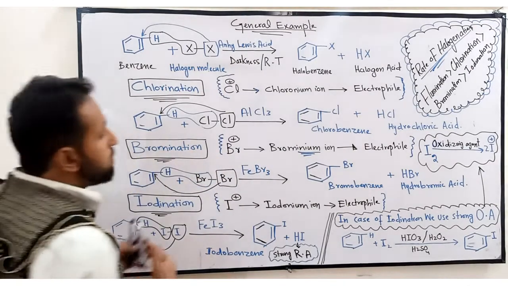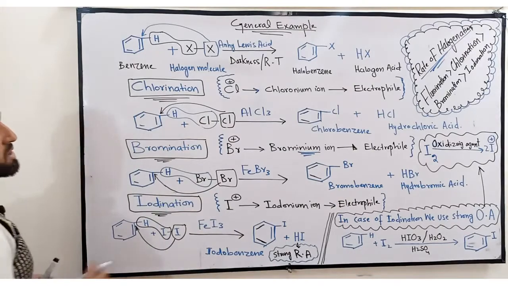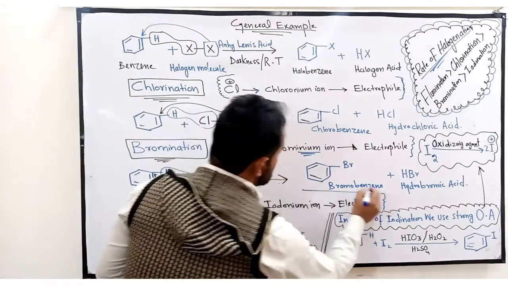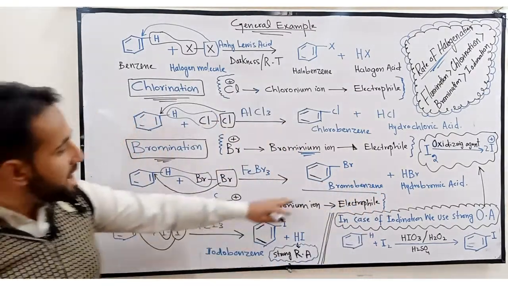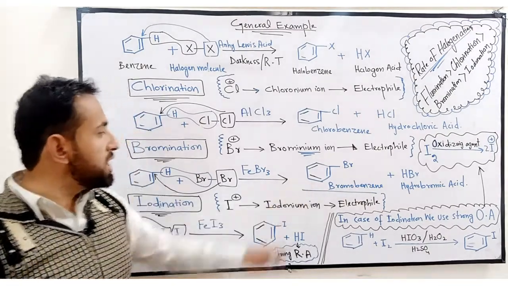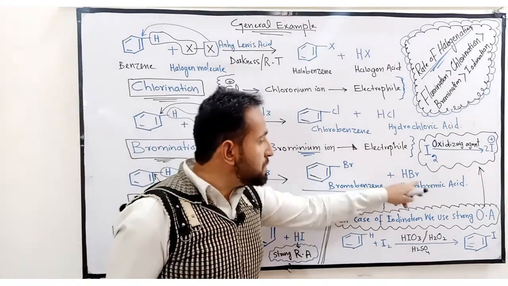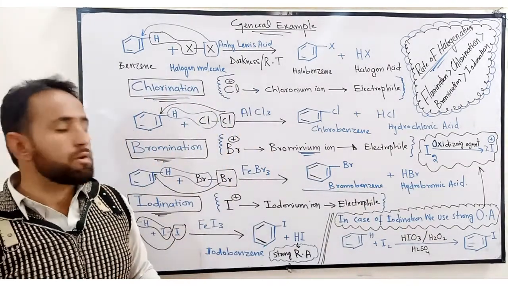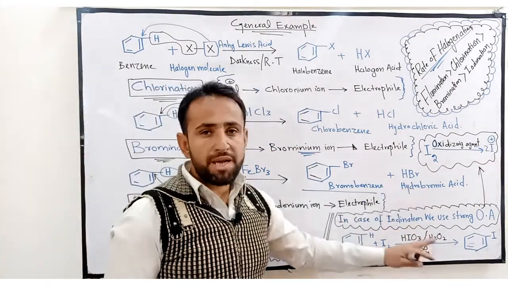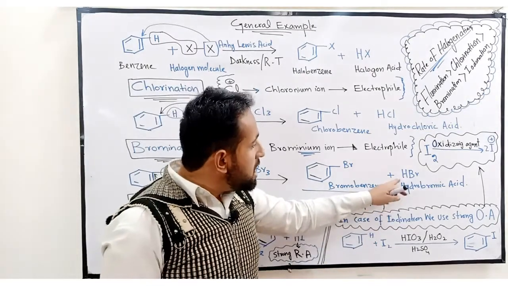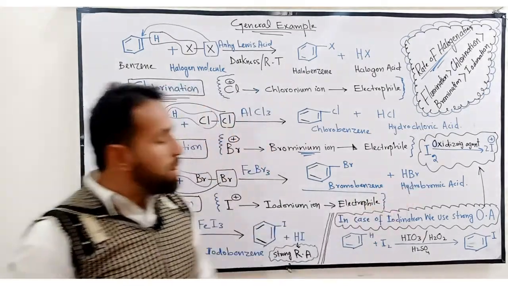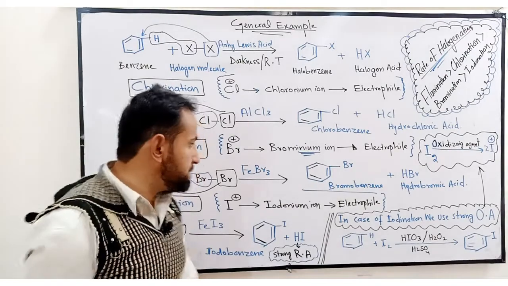What is the product formed during bromination? That is bromobenzene, because the bromine is directly attached to the benzene molecule. Along with bromobenzene, HBr is also formed as a side product, which is known as hydrobromic acid. So HBr, hydrobromic acid, is a halogen acid.